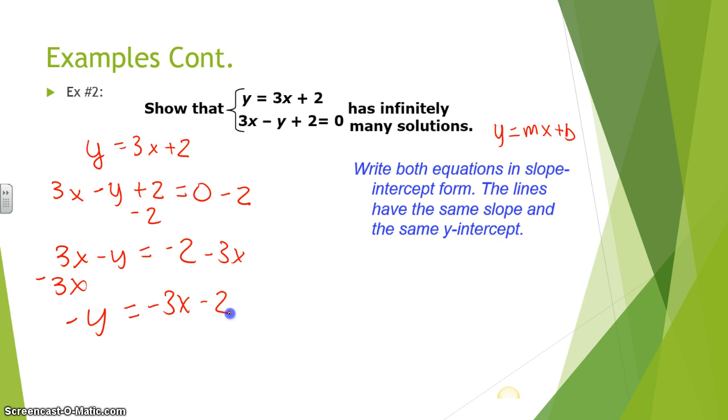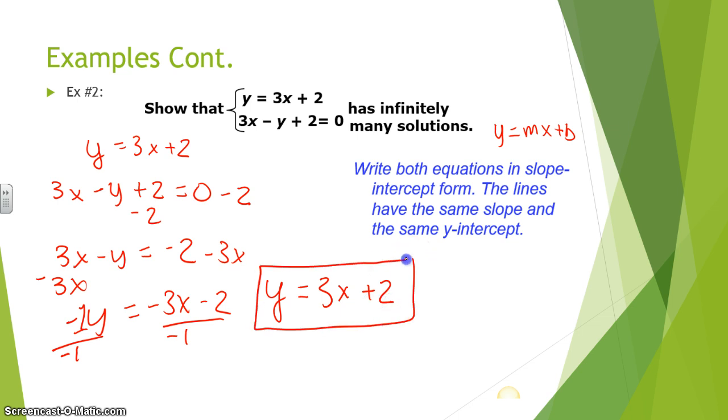You can't have a negative variable, so we can pretend there's a 1 in front of y, and we divide both sides by negative 1. So what I have left now is y equals negative 3 divided by negative 1 is positive 3x, and negative 2 divided by negative 1 is positive 2. So I have y equals 3x plus 2, y equals 3x plus 2. They are the same exact equation.